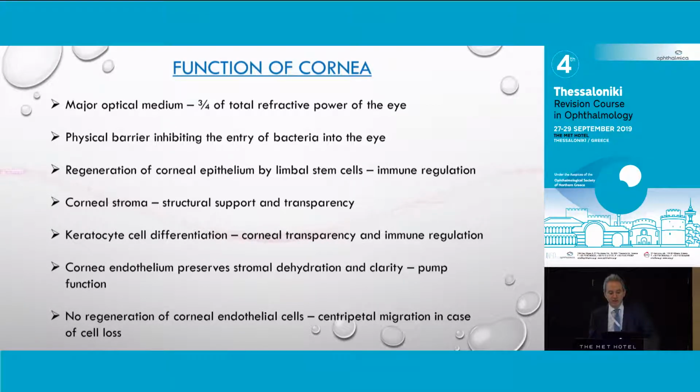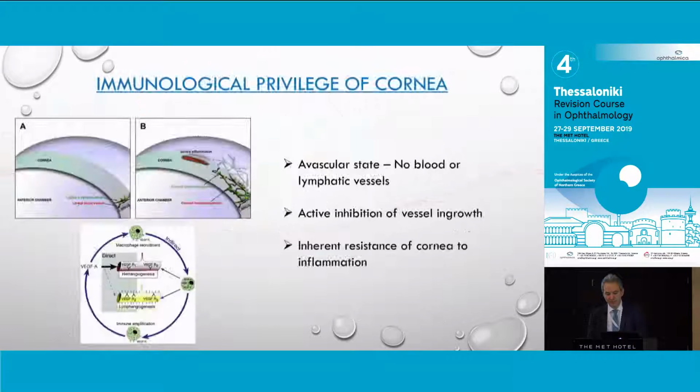Now, the endothelium has the function of preserving the clarity of the stroma by dehydrating the stroma, with this well-known pump function, and the endothelial cells cannot regenerate, but they have some migration capacity.